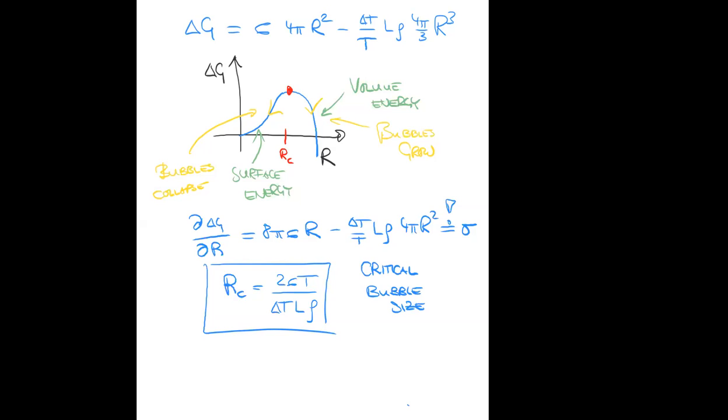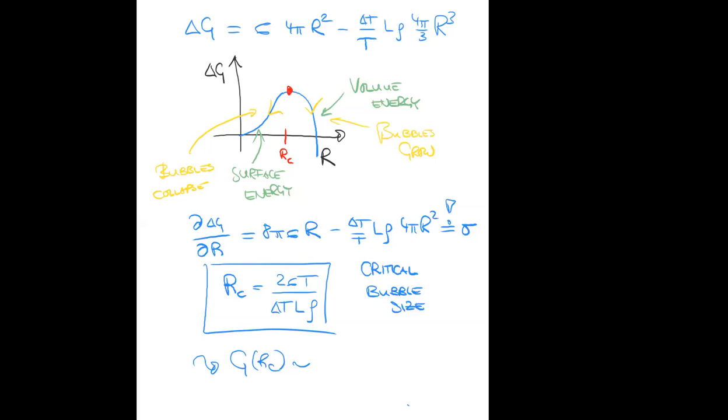And you can also then compute what is the corresponding Gibbs free energy. What is the Gibbs free energy at R critical? That should scale as sigma r squared, or as delta T times r cubed. So at the critical size, these two terms should be the same order of magnitude. So r squared will go as sigma squared T squared.